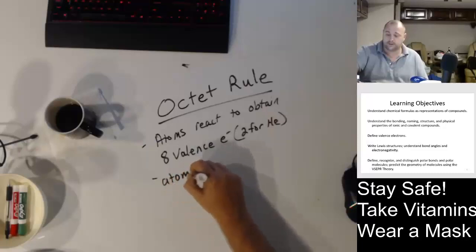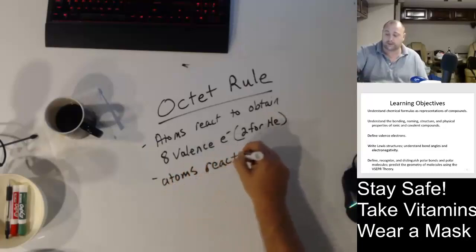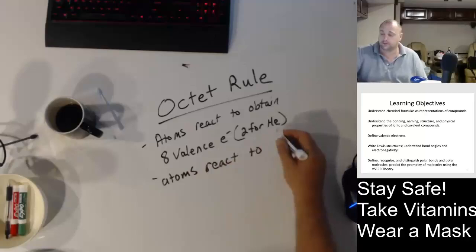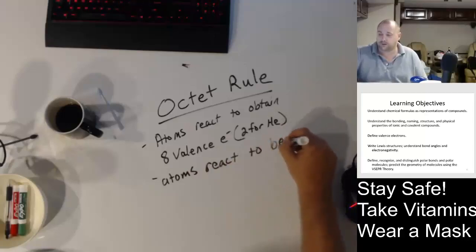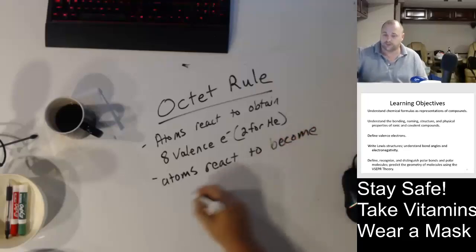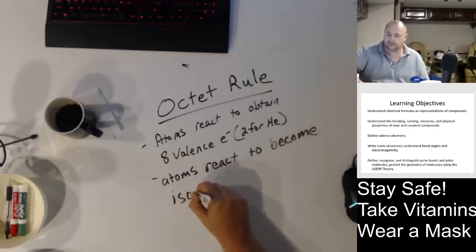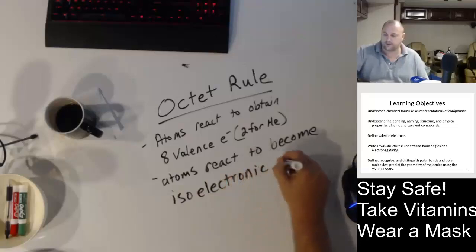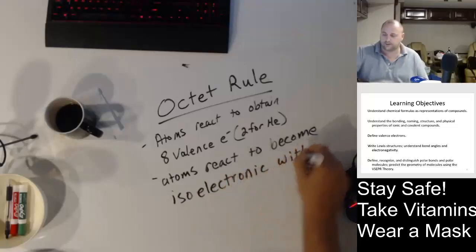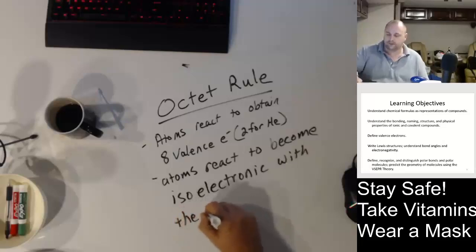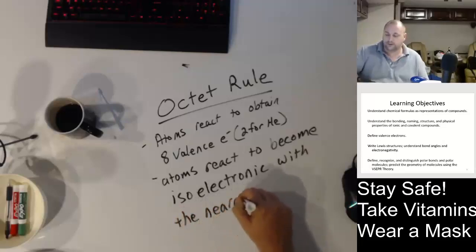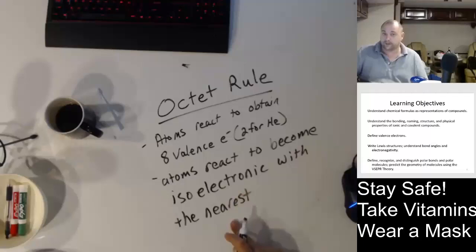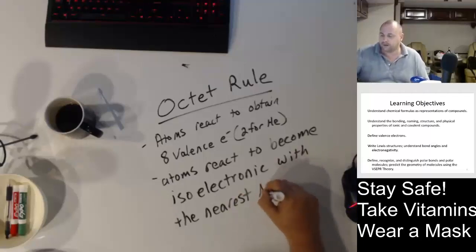Atoms react to become, I'm going to use a fancy word here, isoelectronic with the nearest noble gas. In other words, you can go forward, you can go backwards. It's not necessarily the last one you pass, like when we did electron configuration.